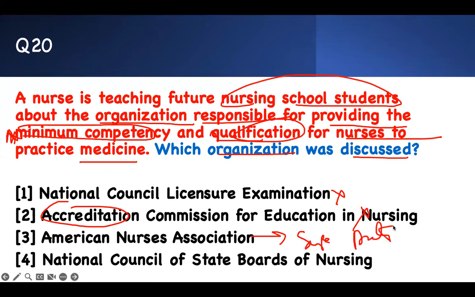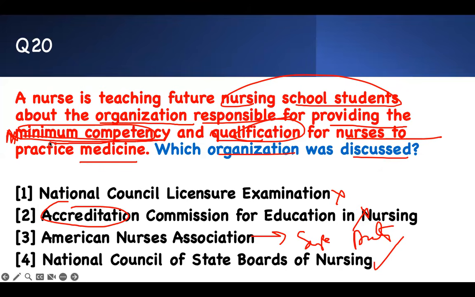The people who give you the minimum qualification and competency is the nursing board. That is what your test is about, to test whether you have minimal competency. That's why they're not making you an expert. They're making you bare minimum entrance to the nursing field. They don't want you to build a house or write a dissertation on aortic aneurysm.